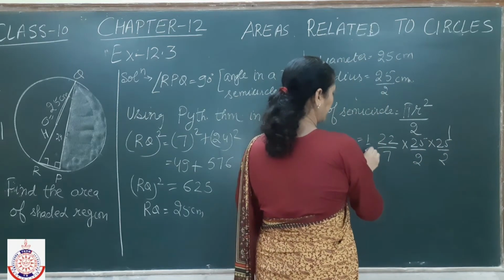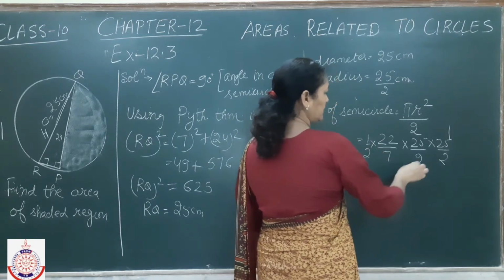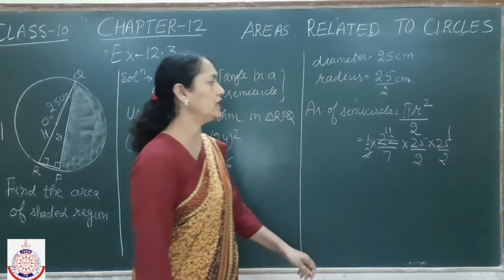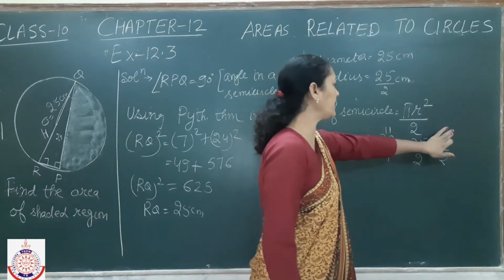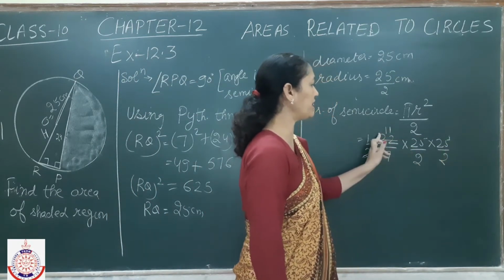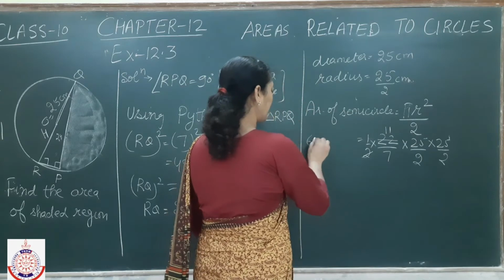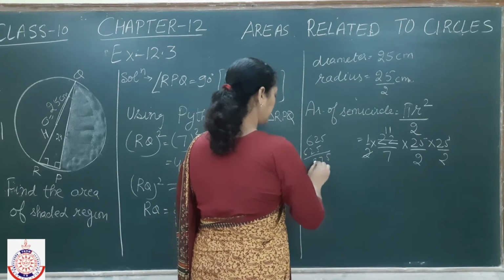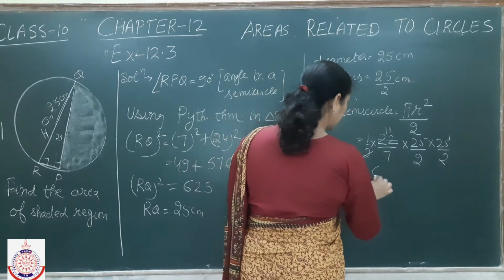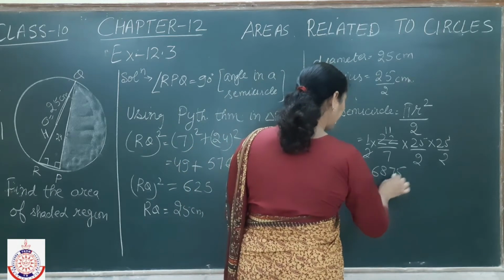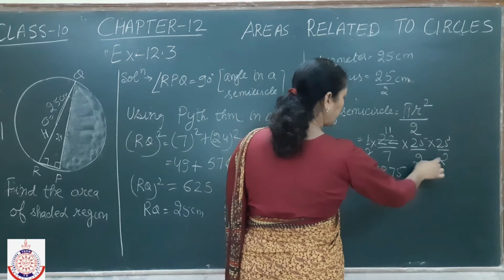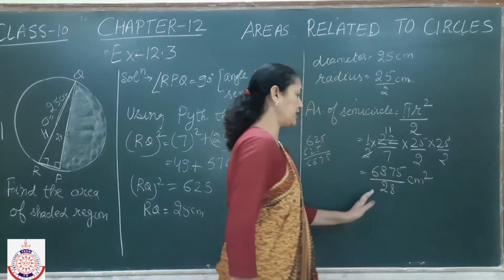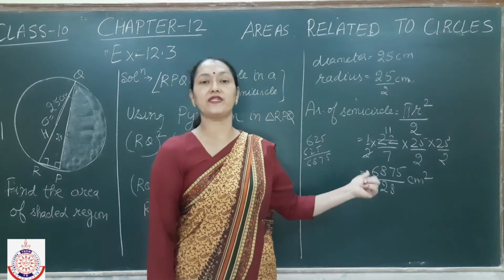Now 2 and 22 cancel, so we are left with 25 into 25 into 11, that is 625 into 11. So we obtain 6875 upon 28 centimeters square. So this we have obtained as the area of the sector.